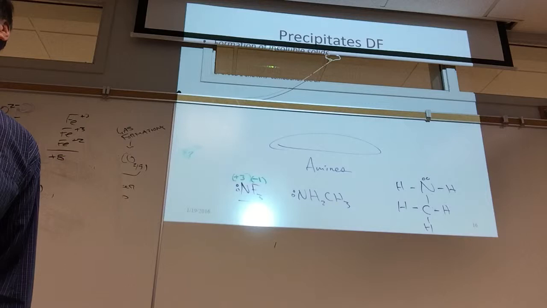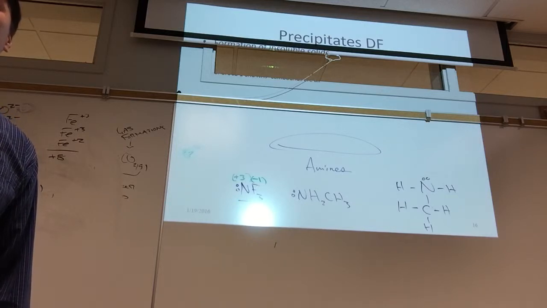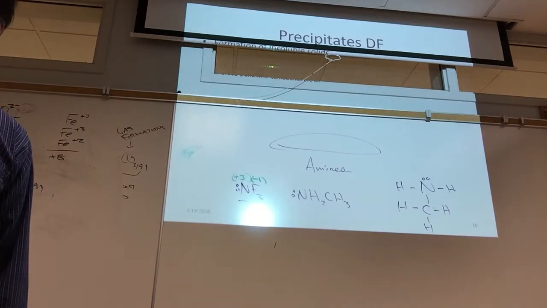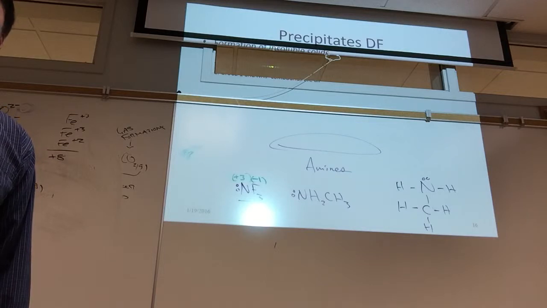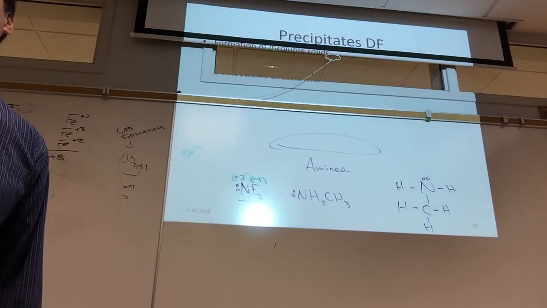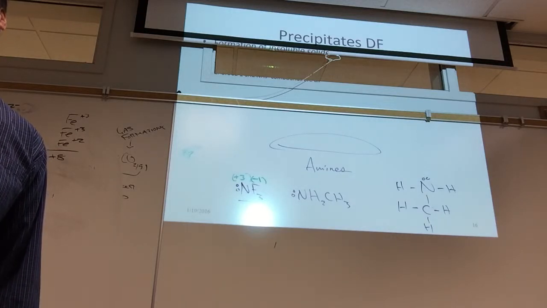Somebody tell me, when we come up with oxidation states, are we assuming that the bonds are 100% covalent or that the bonds are 100% ionic? When we do oxidation states, we make an assumption. What assumption do we make? This is the charge on that atom if we assume what?